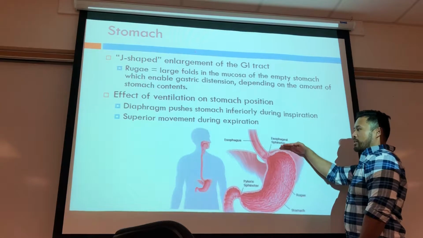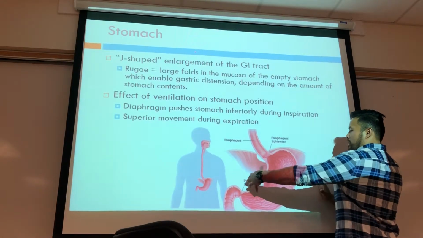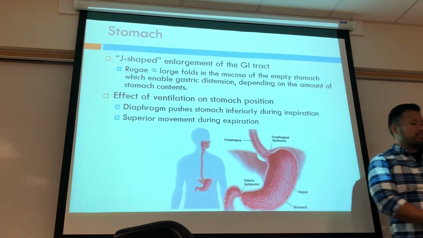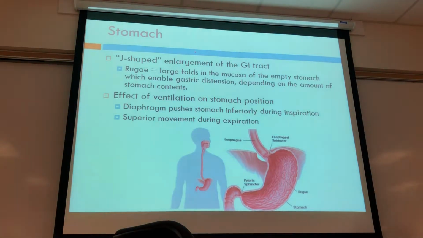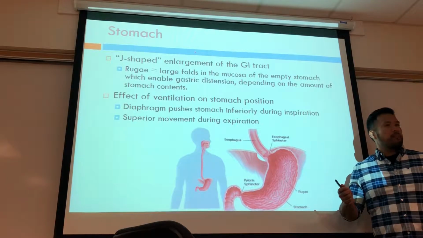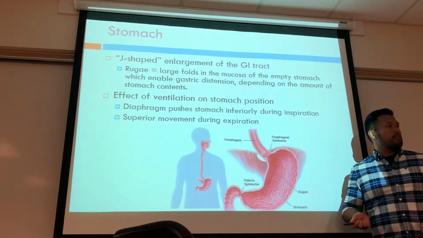At the same time, with inspiration, you're trying to push down on something that already has quite a bit of pressure. This isn't so much of an issue in healthy patients, but it's particularly an issue for those that have respiratory issues. They're told not to have heavy meals because it's going to be harder for them to breathe.